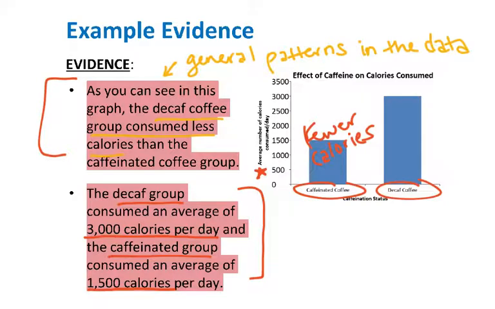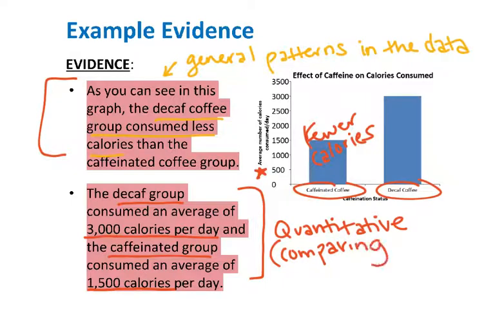This would be another piece of evidence that supports our claim, and this piece of evidence is quantitative. It relies on comparing numbers from our graph.